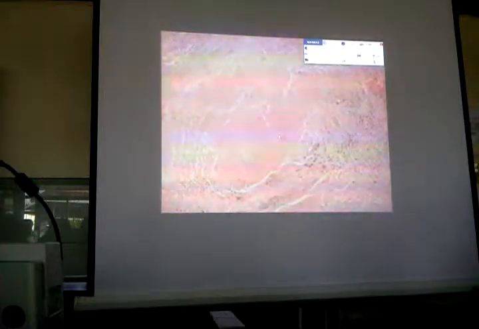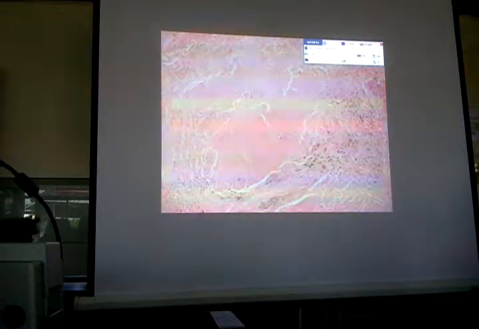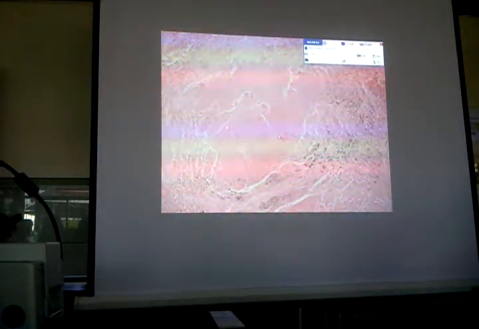Now, you have already seen this slide in the inflammation chapter. This type of infection will characteristically produce that type of necrosis. How will you call that?